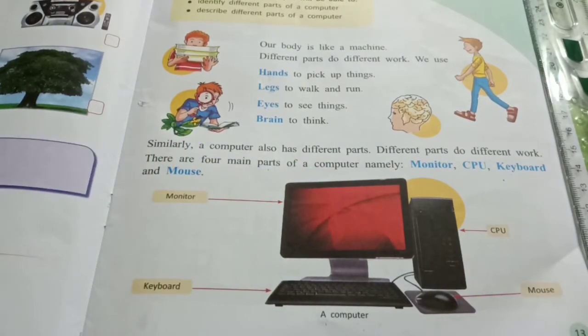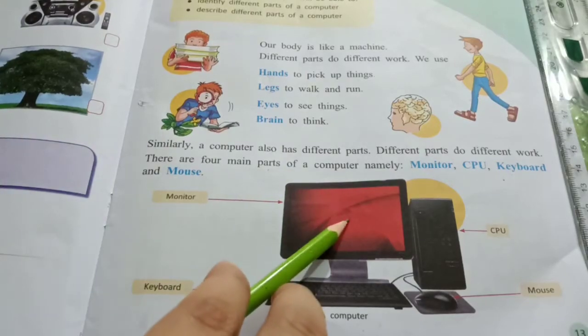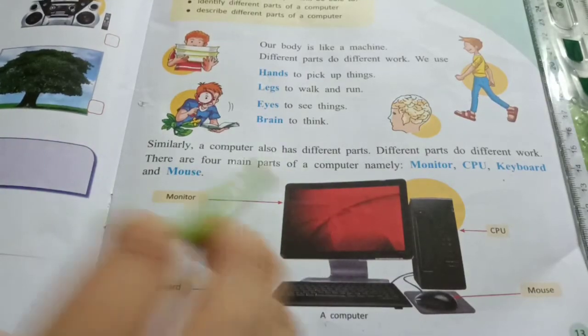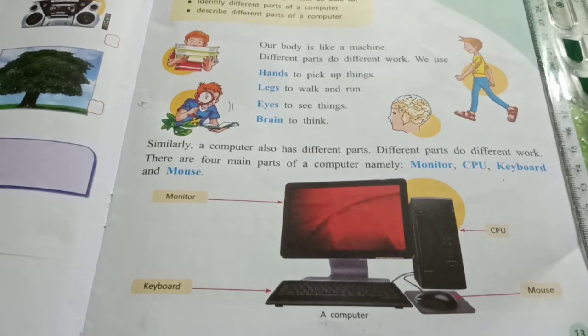What is a computer? A computer is an electronic machine, right? Now, can you tell me what the main four parts of a computer are? Oh yes, monitor, keyboard, CPU, mouse.